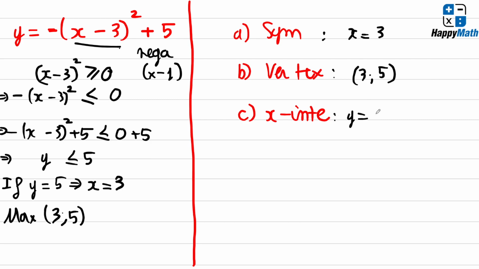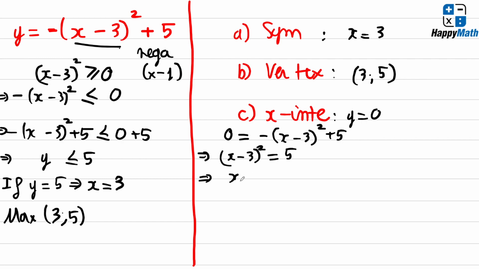Okay, the h-intercept: y equals 0. Y equals 0, it means you have 0 equals negative (h − 3) squared plus 5. So I move the negative square from the right-hand side to the left-hand side. You get (h − 3) squared equal to 5.